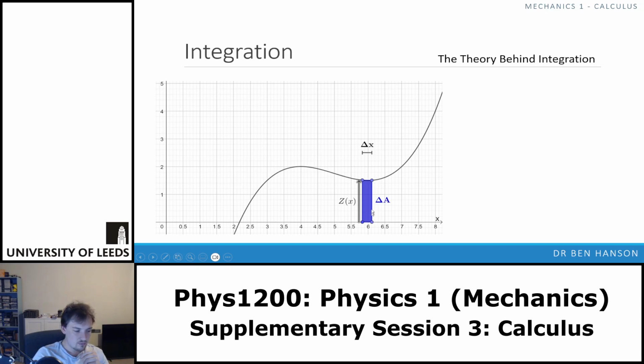That then is some height, and the distance between these 2 points is going to be something like delta z. So delta A is approximately equal to, because this is very close to being a rectangle, z of x times by delta x, right?